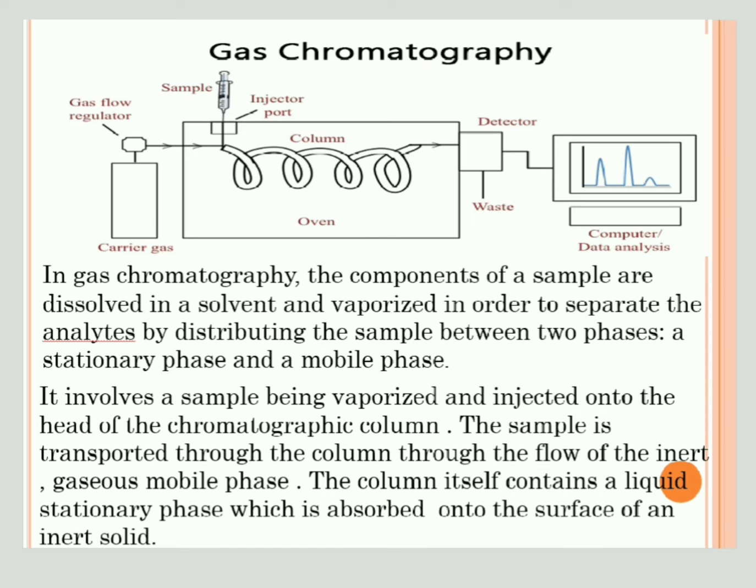How many peaks you observe corresponds to the number of components, and the amount of a given component in the sample is determined by the area under the peaks. We can identify the components by the retention time.